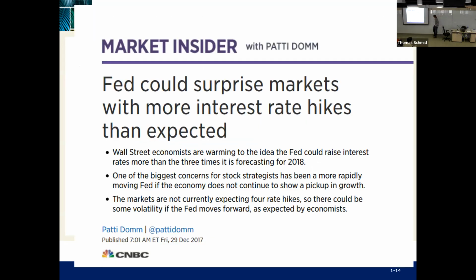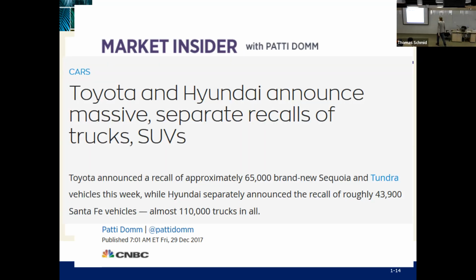So let me show you some risks or some news, and let's think about whether this is market or firm specific. The Fed could surprise markets with more interest rate hikes. Is this firm or market? Obviously, market, right? Toyota, Hyundai announced massive recalls of trucks and SUVs.